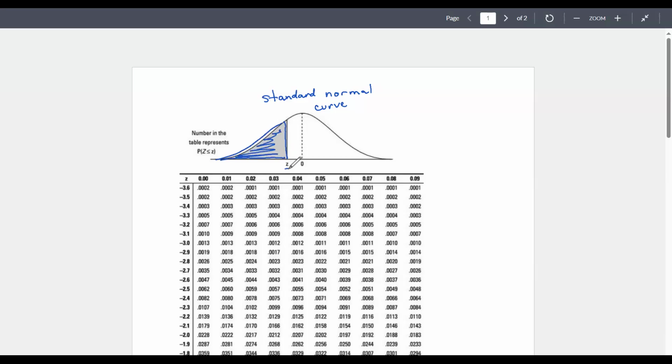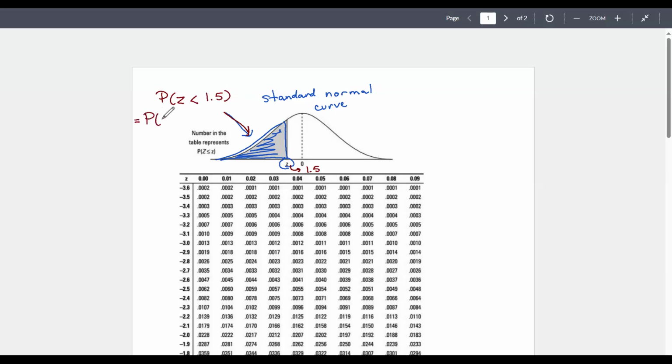If I have this z-score, my z-table is going to tell me this area, which represents the probability that your z-score is less than whatever this number is. So if your z-score was, let's say, 1.5, then this area represents the probability that a random z-score is less than 1.5.